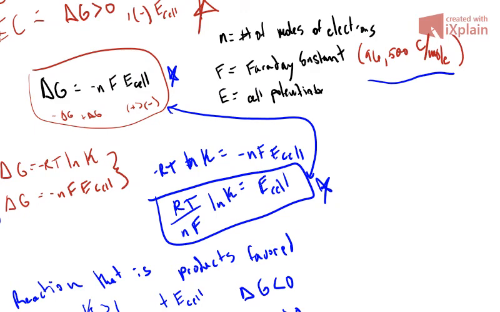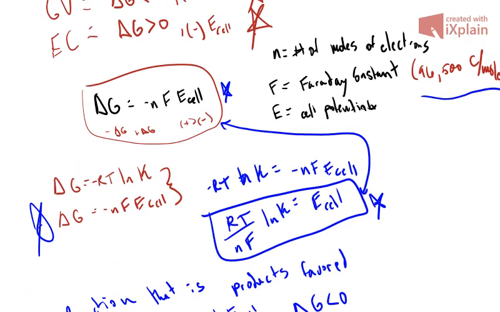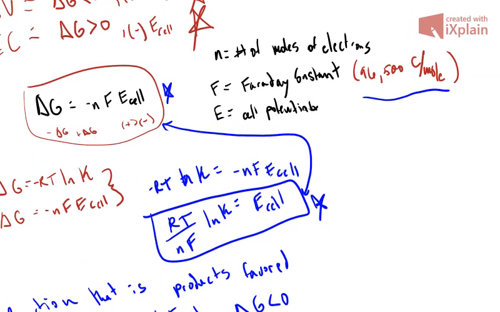Now, you may be considering what sort of units are we getting on delta G if we have coulombs per mole in the Faraday constant? Well, the coulomb is a unit that is a combination of a couple different units. Sorry, I should say not the coulomb, but the volt, which is in the cell potential.